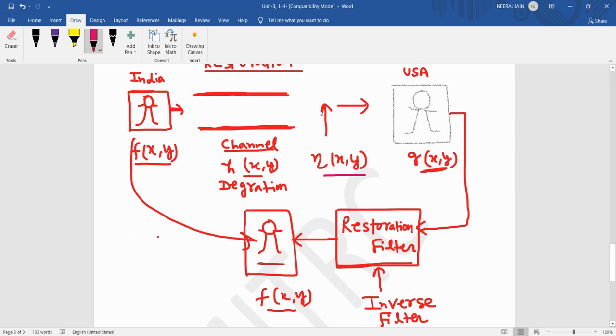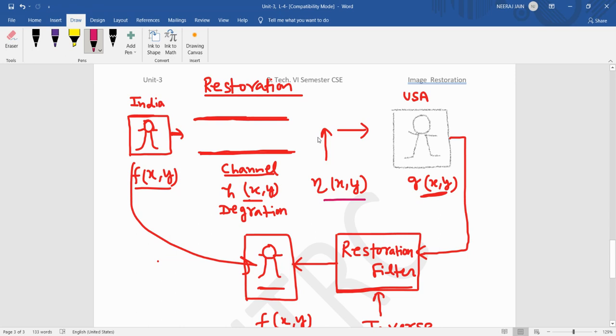After mixing the noise, our image will be g(x,y), that is the distorted image. We can see here it is a distorted image which we are getting. Due to the degradation and due to the noise, the image is degraded. But the person present here in the USA wants to observe the actual image, that is like this.